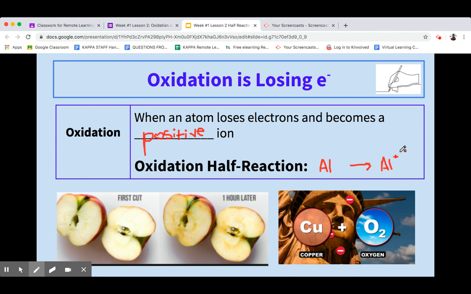And where would our electrons be? If it's oxidation, we're losing electrons, so they're going to be on the product or right side of the equation. Now, how many electrons need to be lost to get a +3 charge? 3 electrons. So 3e-.